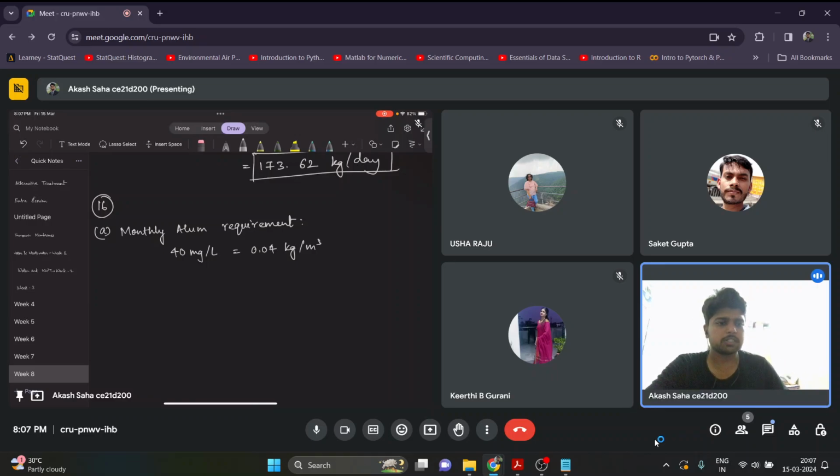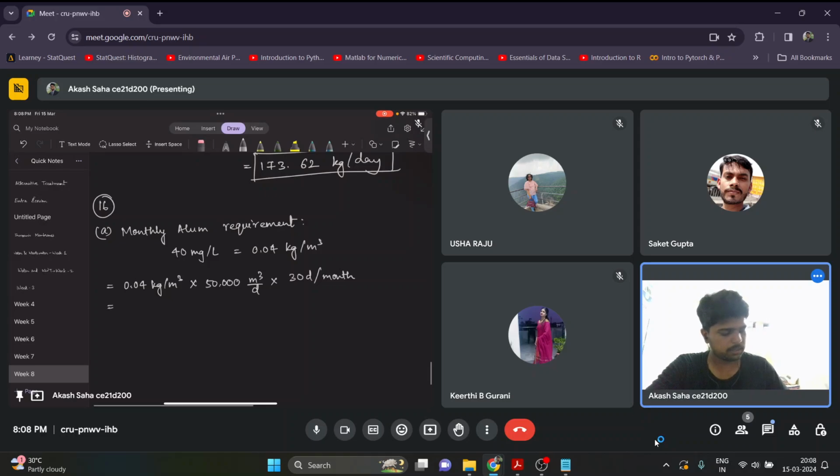So how much monthly will be required? The monthly alum requirement will be 0.04 kg per meter cube, which is my dosage, into the flow rate, that is 50,000 meter cube per day, into 30 days per month.